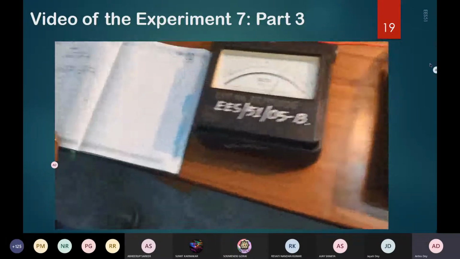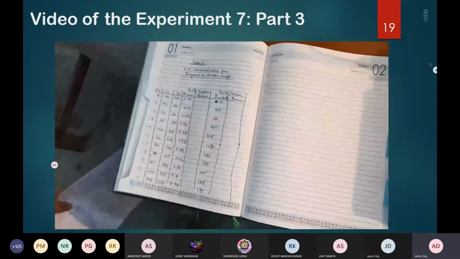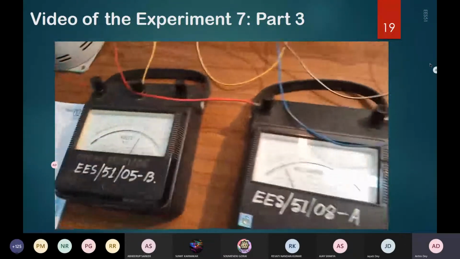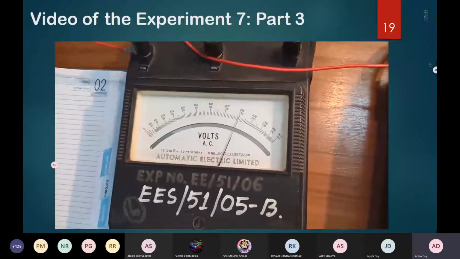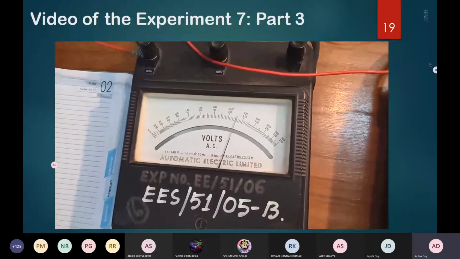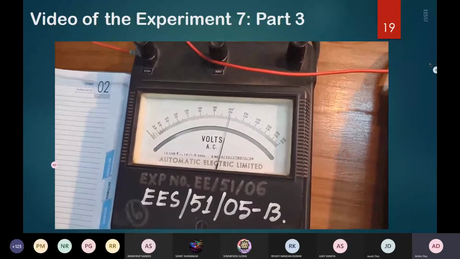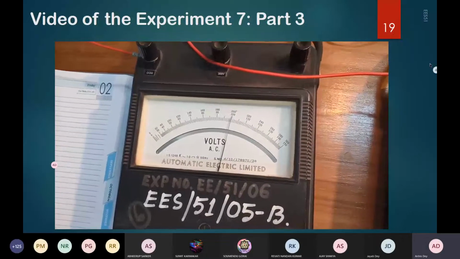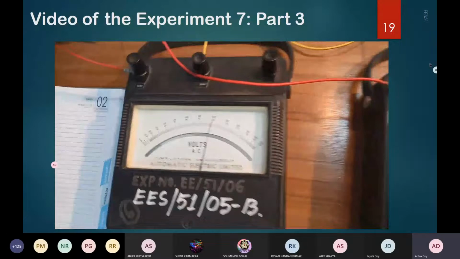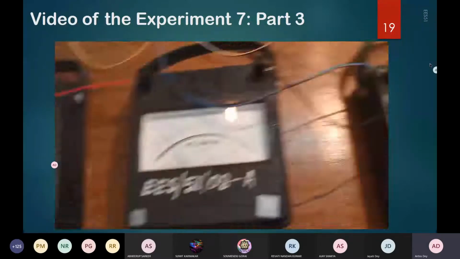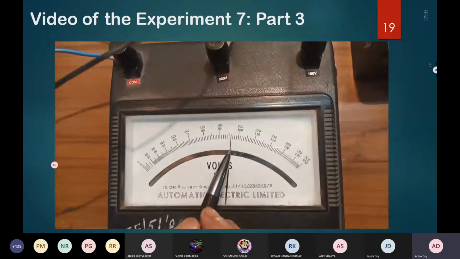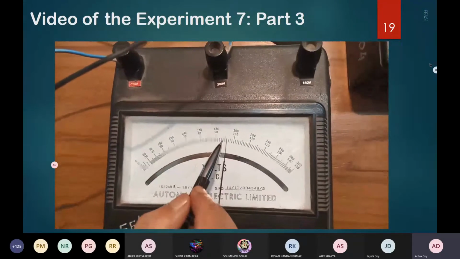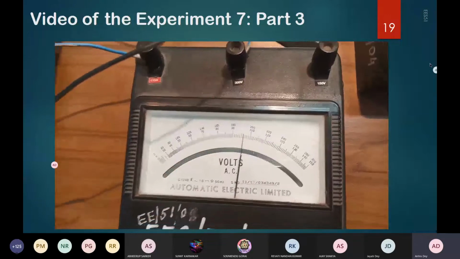So once we are through the increasing order, let us now reduce it. From 220 we'll now reach 200, noting at the voltmeter V1. So we have reached 200, and for that, what is the voltage drop across the resistor, we'll just verify. It has reached around 194, so we are not noting it.